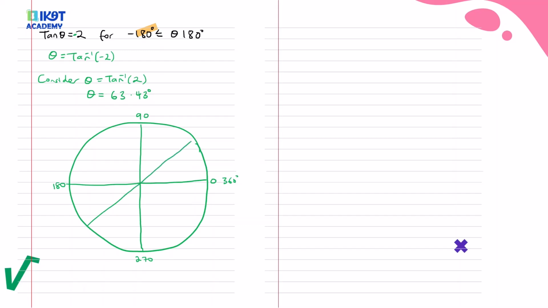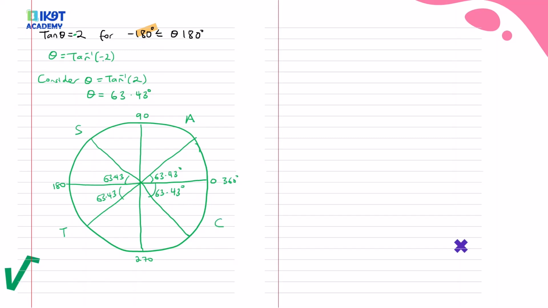We have this, we have this. This is 63.43 degrees, this is 63.43, this is 63.43. And we say all students take coffee.